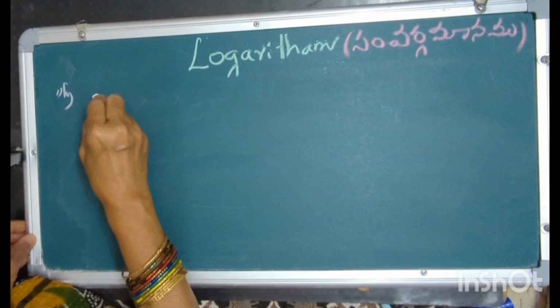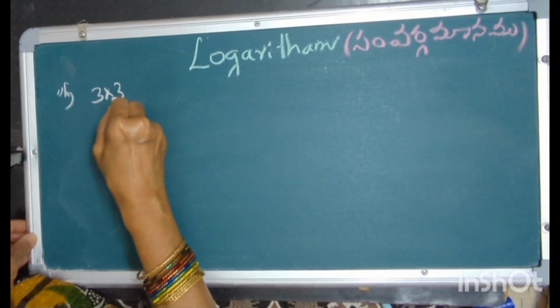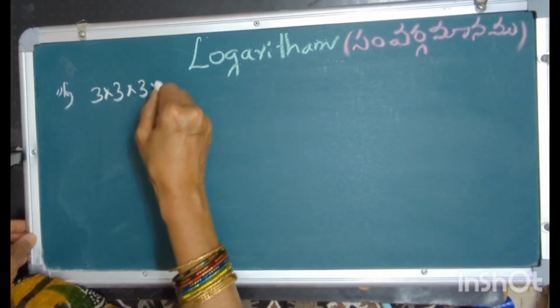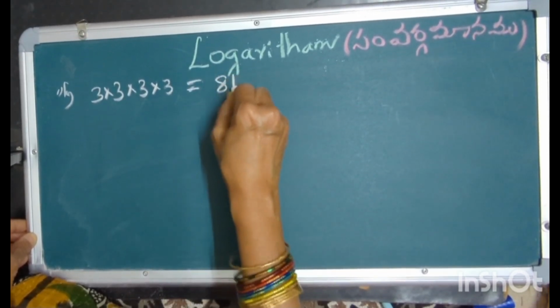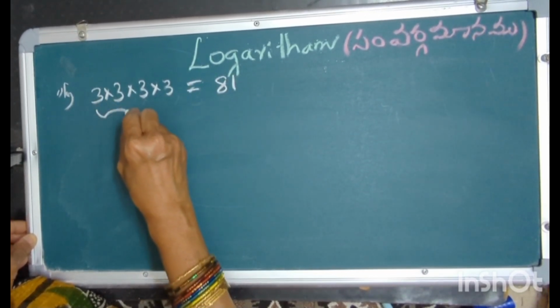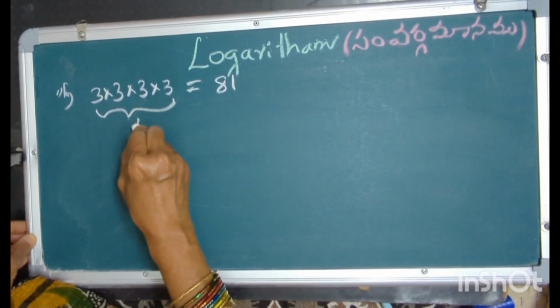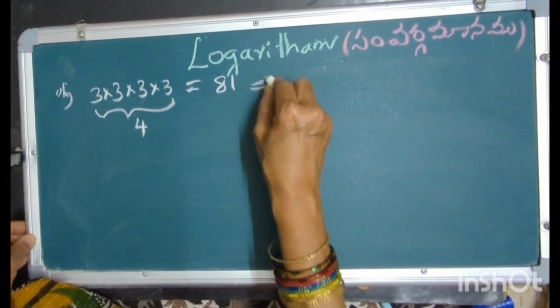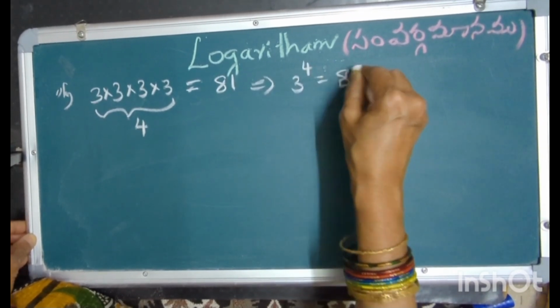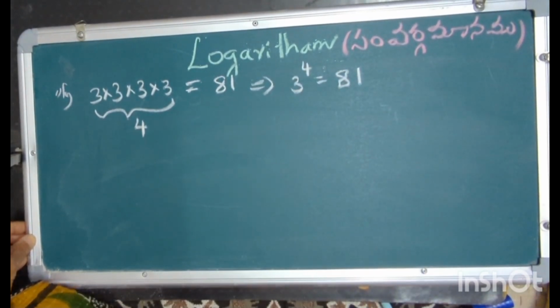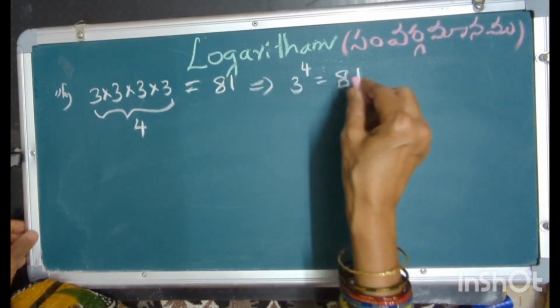సో సిమిలర్లీ 3 into 3 into 3 into 3 is equal to 81. So here we multiplied 3 into 3 into 3, 4 times. So then 3 to the power of 4 is equal to 81.